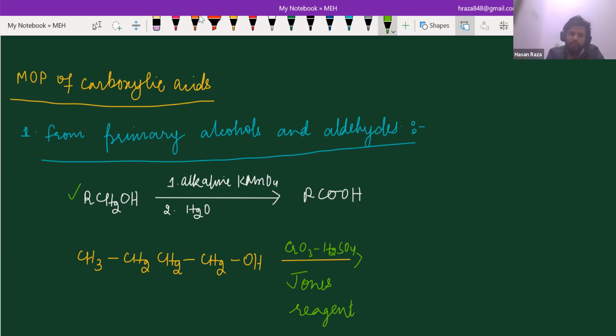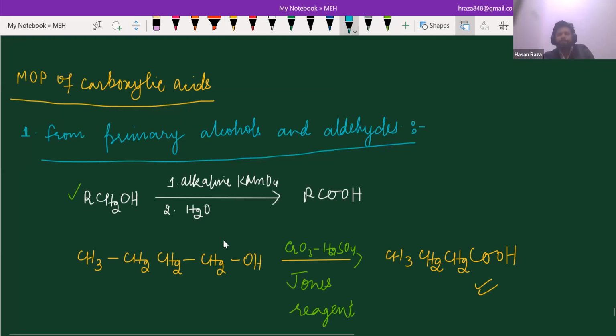So by using Jones reagent on this primary alcohol, you will get the carboxylic acid directly. There are 4 carbons, 3 carbons here, and this is your 4th carbon. Is that clear? Please do write it. Yes, sir. Finished.